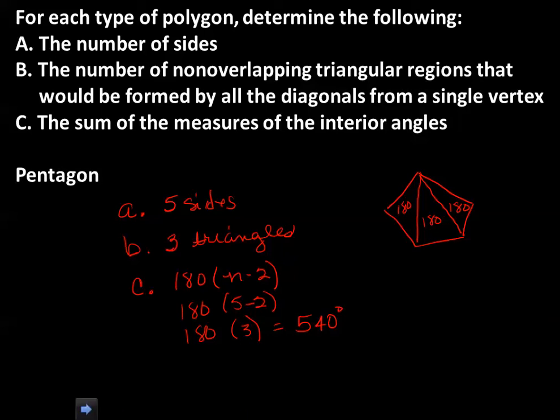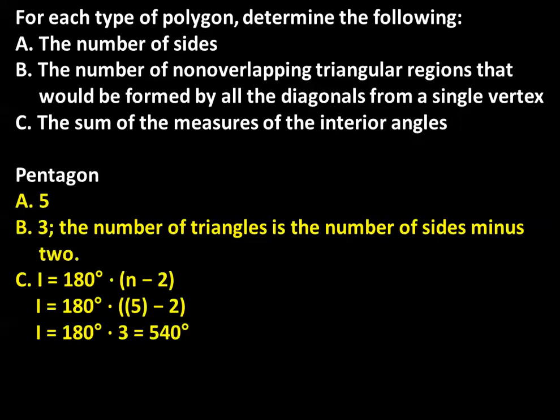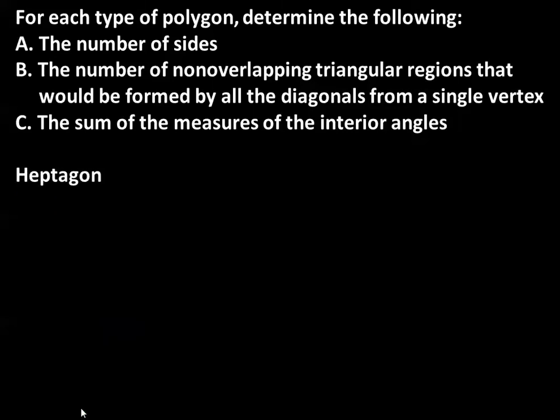And here's the official answer. See how they use the formula? They got 540 degrees. Oh, and look, they didn't even have to draw. They said the number of triangles is the number of sides minus 2. We'll use that next time for a heptagon.